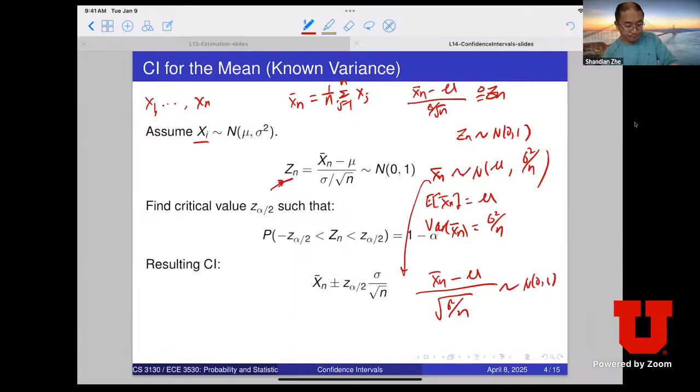Right. So now if we want to find a 100 times (1 minus alpha) percent confidence interval, we just need to find an interval such that the probability Zn falls in this range is 1 minus alpha.